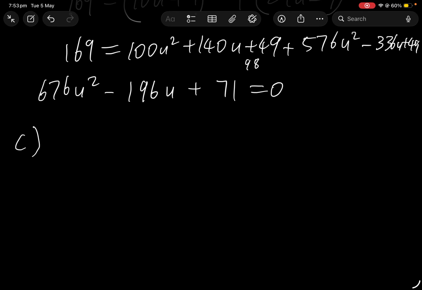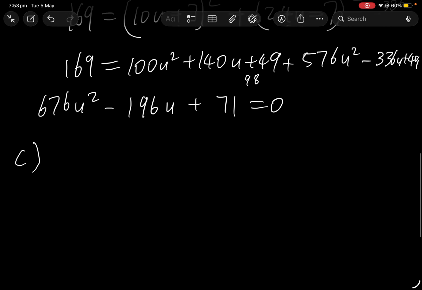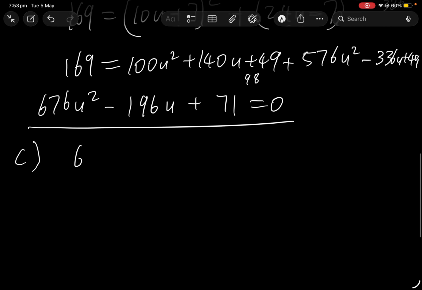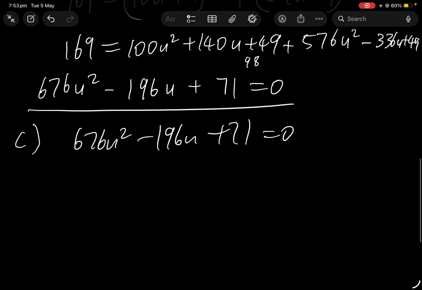So to find the exact time to intercept the smuggler, we can just use this equation: 676u squared take 196u plus 71 equals 0.